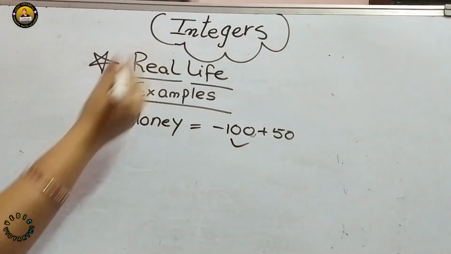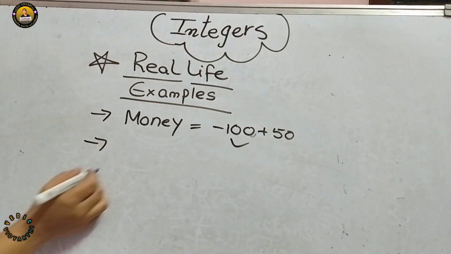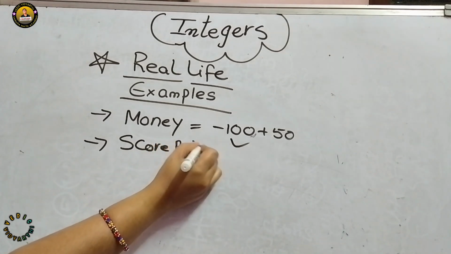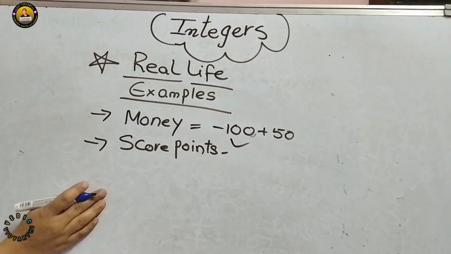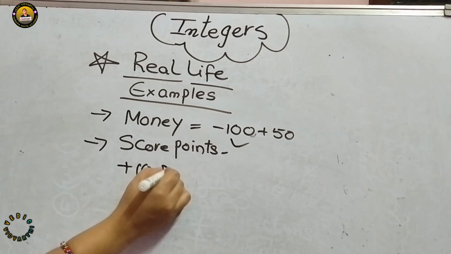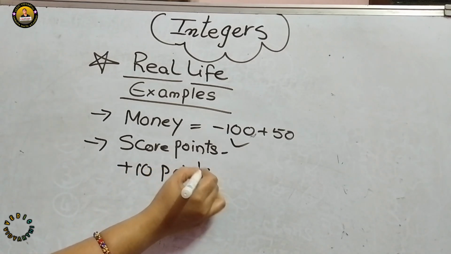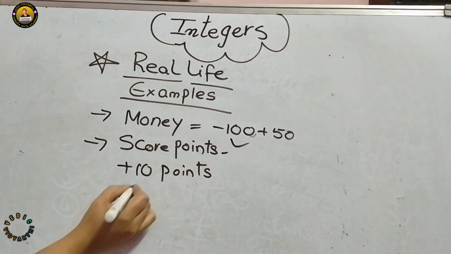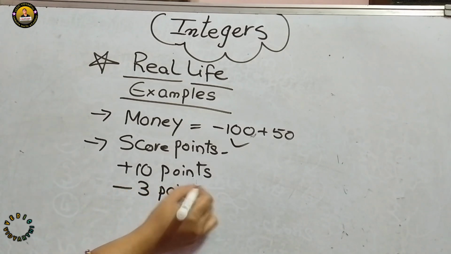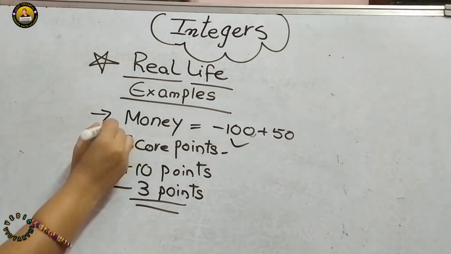And it deals with the score points also. Like for correct answer, we will score 10 points. For wrong answer, we'll score negative 3 points. Like this, we will calculate the score points.